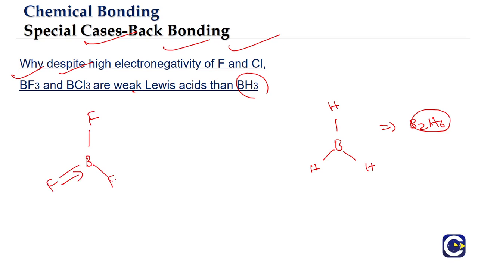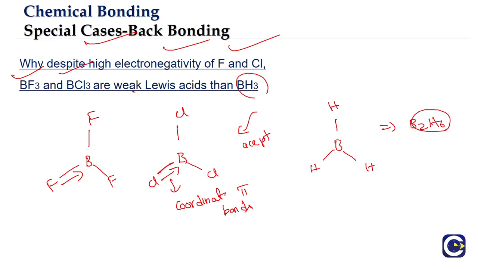Look at it, whether it is BF3 or BCl3, the boron will be able to achieve octet structure because of the coordinate pi bonds. And since it is achieving octet structure, will it have a tendency to accept a lone pair of electrons? See, if it already has an octet, it will not have a tendency to accept the lone pair of electrons, right?